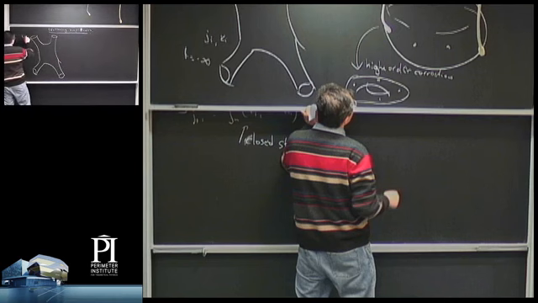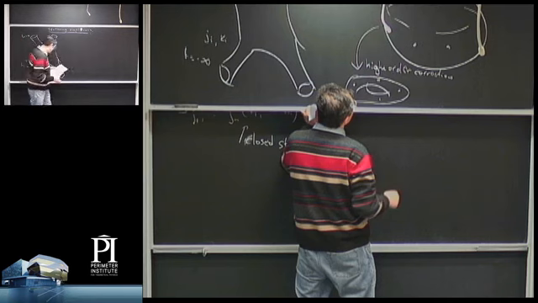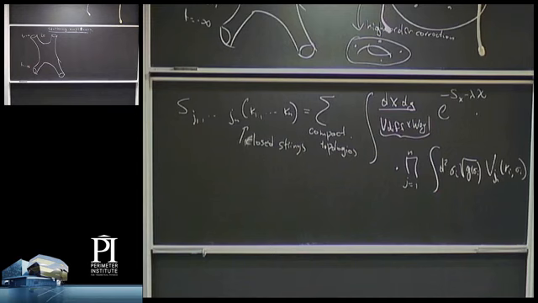So this is t equals plus infinity, this is t equals minus infinity. Those are infinite cylinders attached to some region inside, in which we have scattering of the strings. This is the picture of strings coming in and scattering in the middle.